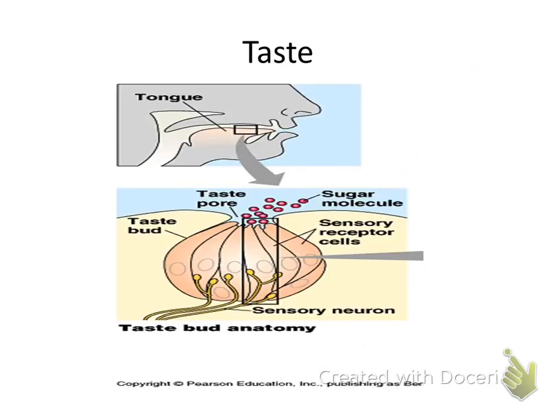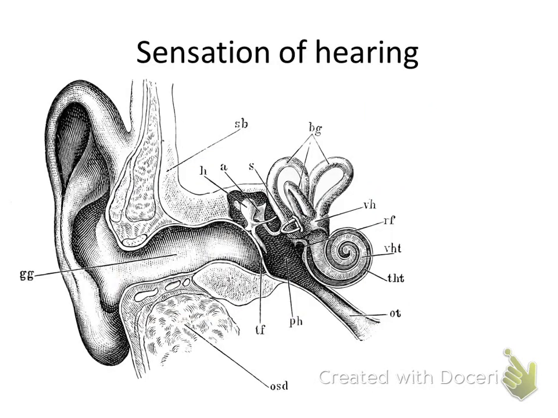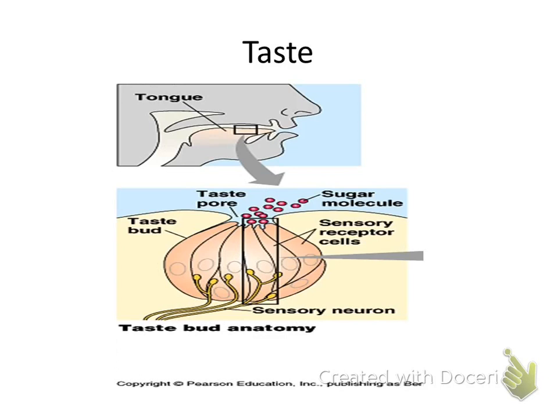Okay, taste is the same thing, except instead of having mechanical receptors right here, you have chemoreceptors. Those chemoreceptors taste the chemical of the food, and that's going to depolarize this and send the message to the brain. So taste is pretty simple.